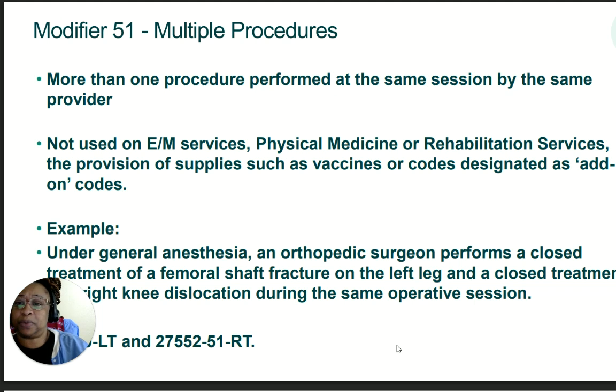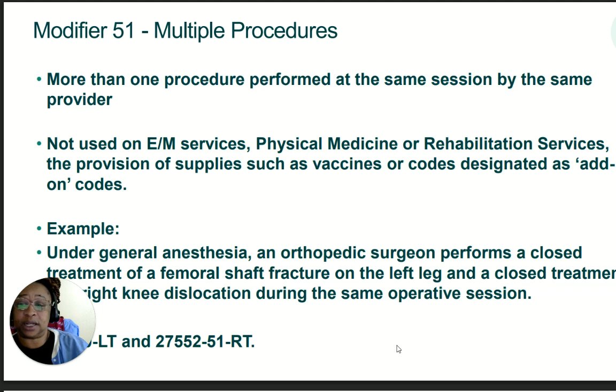Modifier 51 is for more than one procedure performed at the same session by the same provider. It is not used on E&M, which is evaluation and management, physical medicine or rehabilitation services, the provision of supplies such as vaccines, or codes designated as add-on codes.